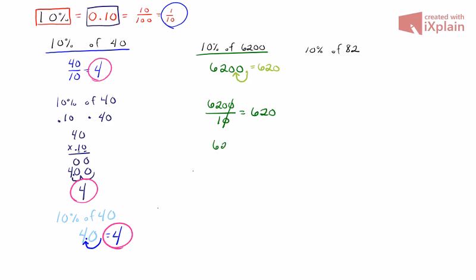Likewise, if we did 6,200 times 10 hundredths, or if you wanted to do 1/10, because again, that is the same thing, it would just be removing the 0 at the end, we should get the same solution. So my first row, if I leave the 0 in there, is going to be just 0, because 0 times 0, 0 times 0, 0 times 2, and 0 times 6.